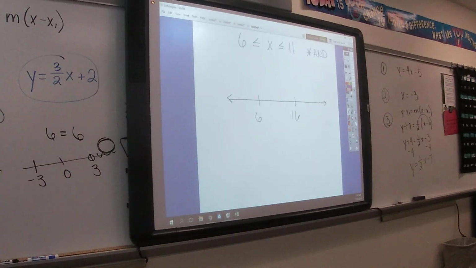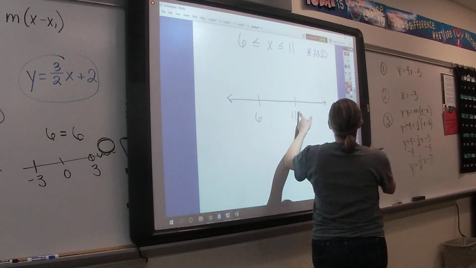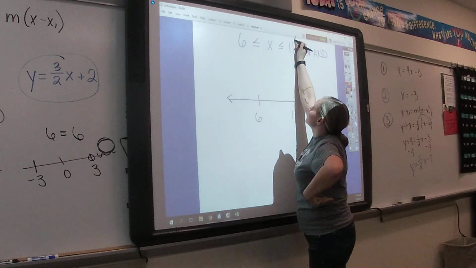Okay, so the smaller number is still on the left, no problem there. This is going to be the easier one to graph.